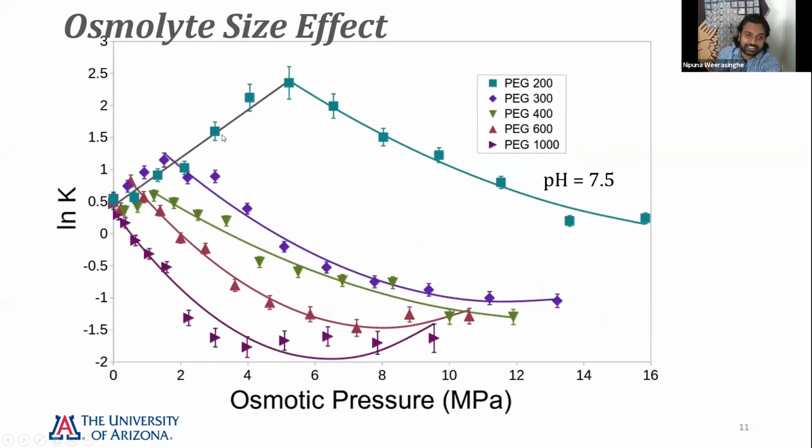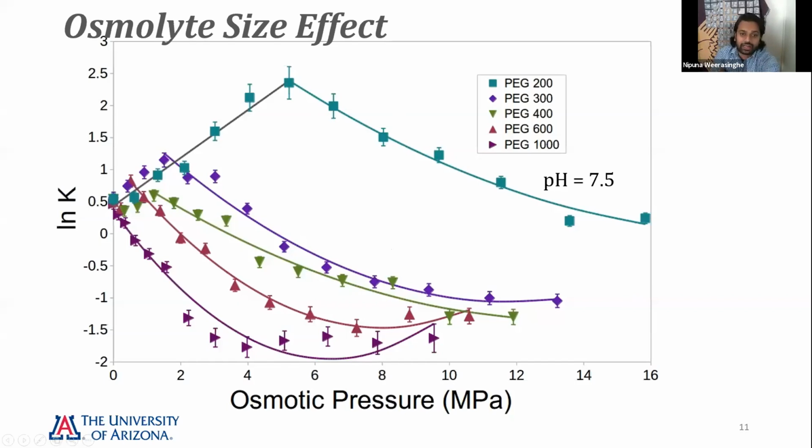So this directly contradicts what we hypothesized, and we assume that this may be due to the fact that the small osmolyte actually penetrates the protein core and somehow stabilizes the M2 state. However, after some point, the system gets saturated and the osmotic effect starts dominating, and we see the expected trend even though they are not fitting into one curve.